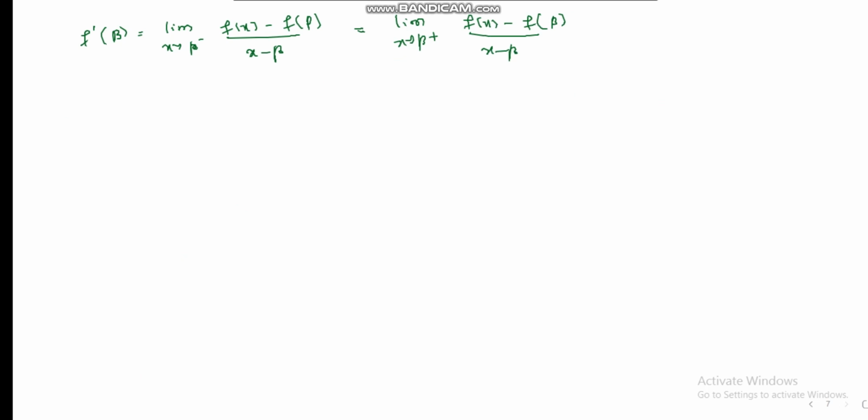If f is differentiable at beta, then f dash of beta is equal to the limit as x tends to beta minus of f of x minus f of beta divided by x minus beta, and that is equal to the limit as x tends to beta plus, which means the right hand derivative at beta plus, of f of x minus f of beta divided by x minus beta. So this is result number 2, because f is differentiable at beta.